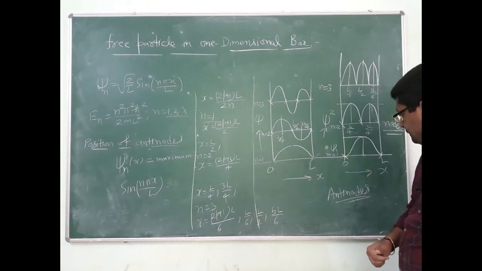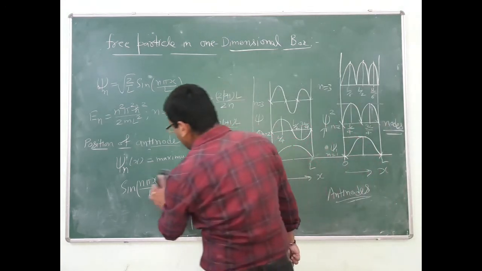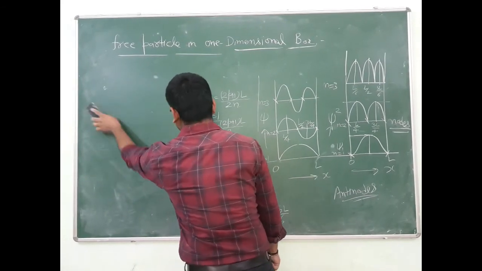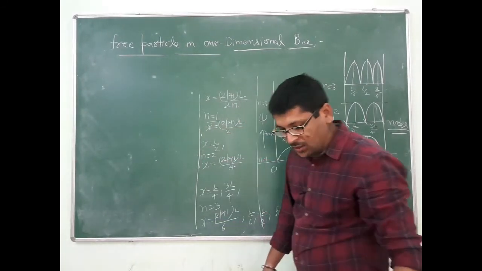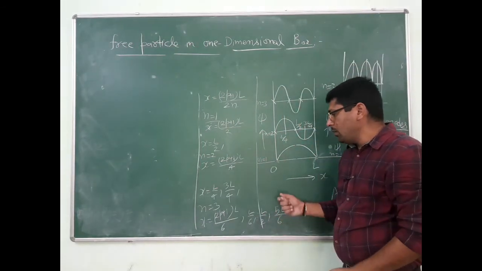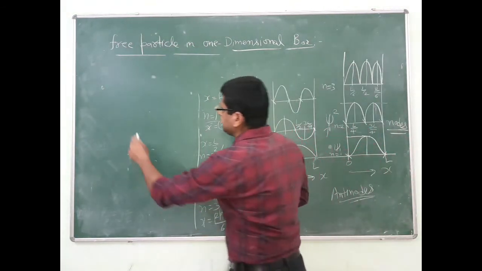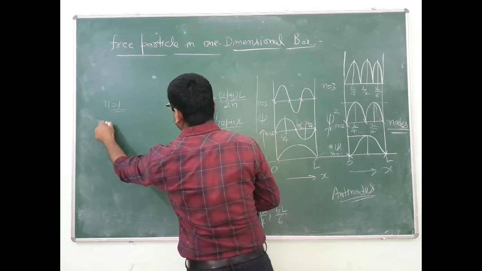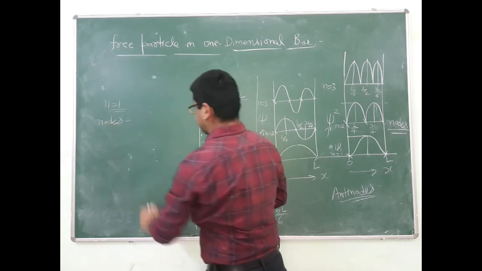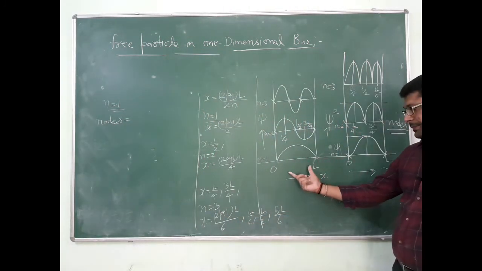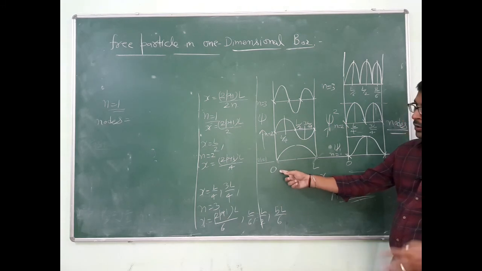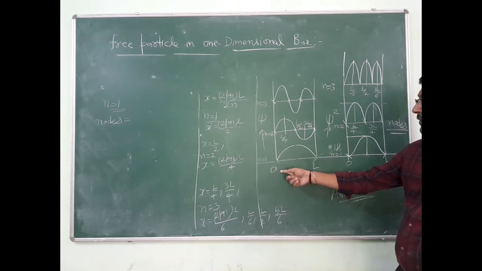Now we have calculated the positions of nodes and antinodes. So now you need to remember, for n is equal to 1, how many nodes are there? Nodes means the positions at which the wave function will become 0.